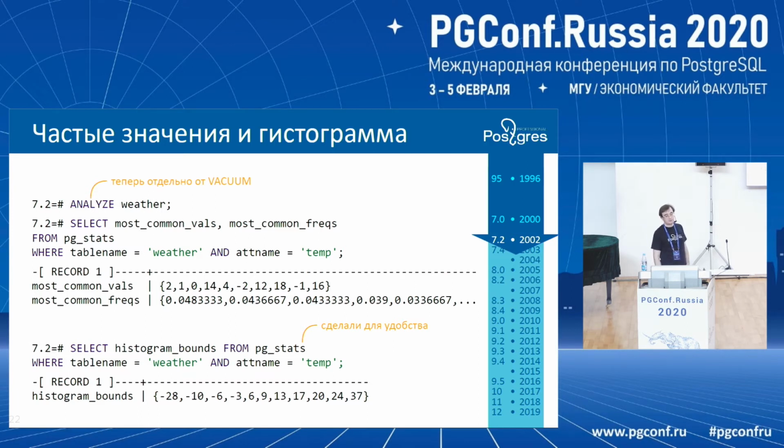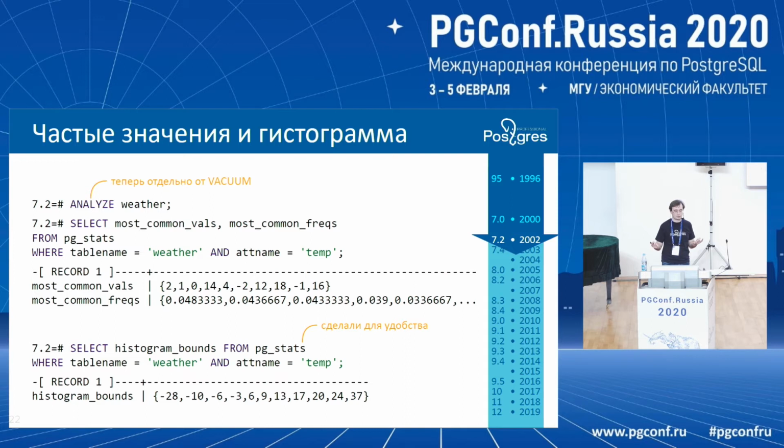So how it all worked? We have a command analyze separately from vacuum. We could tell to version 7.2 analyze, and we have a list of the most common values and the array of frequencies, and another array with the histogram boundaries.